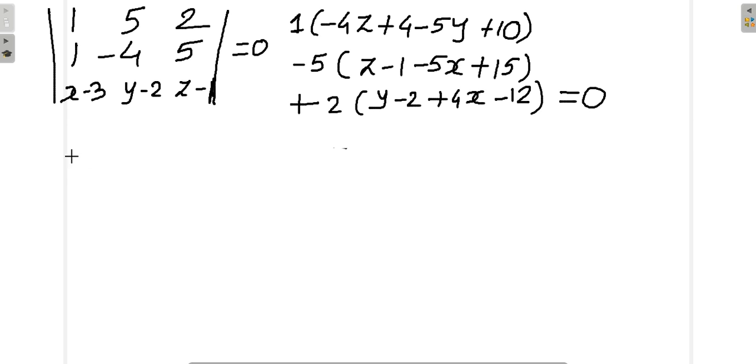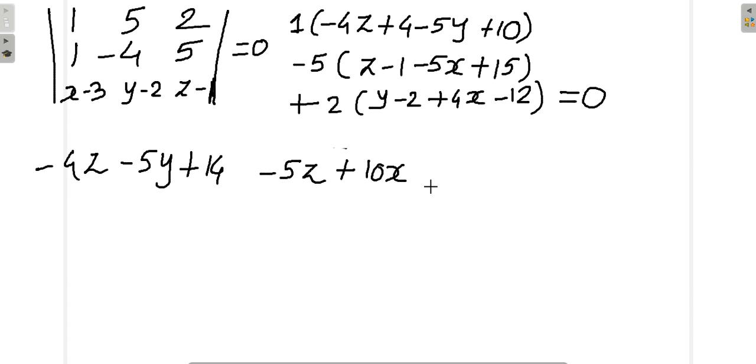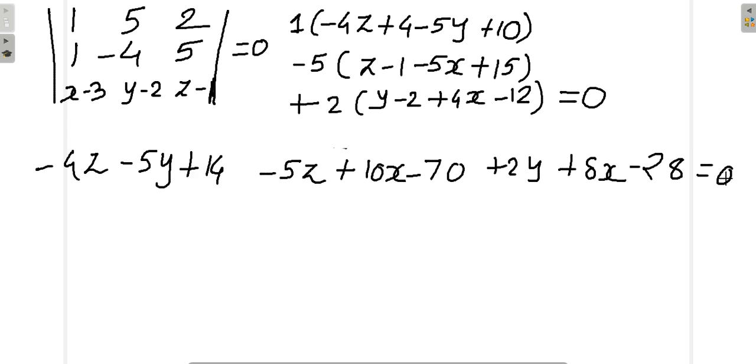Let's see what we get. Minus 4z plus 14 minus 5z plus 10x minus 1 is 14 into minus 5, minus 70, and 2y plus 8x minus 28 equal to 0.